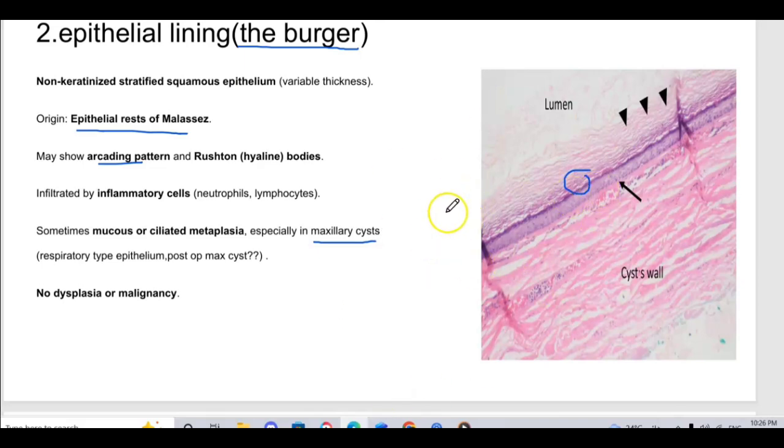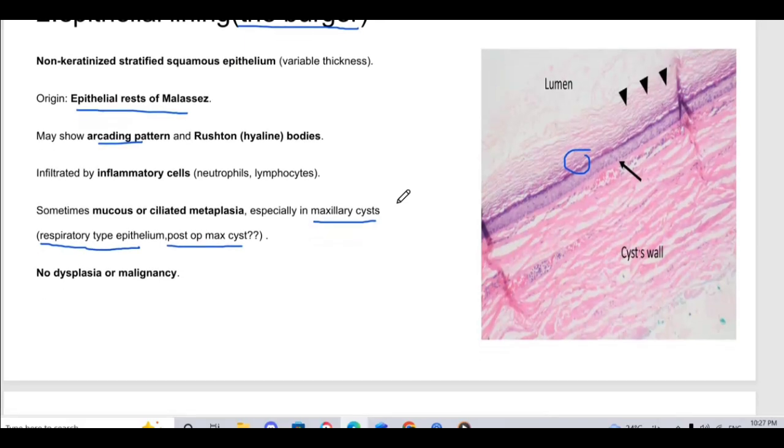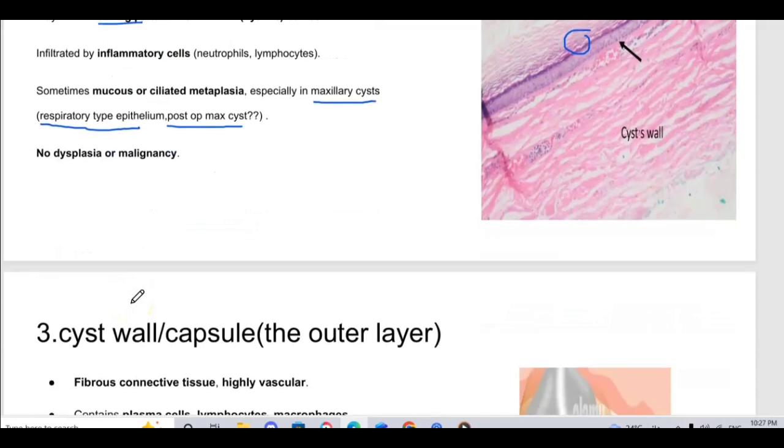It can metaplase, or change its form, to something called respiratory type ciliated epithelium. And if it's even closer, it can resemble another type of cyst, which I find really interesting, called a postoperative maxillary cyst. So the closeness of the cyst to the region of the body determines how it would actually look. For sure, there's no kind of dysplasia or malignancy because it's a cyst. It's not yet a tumor.